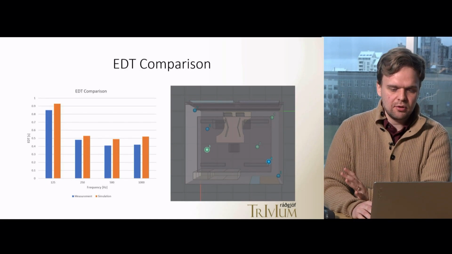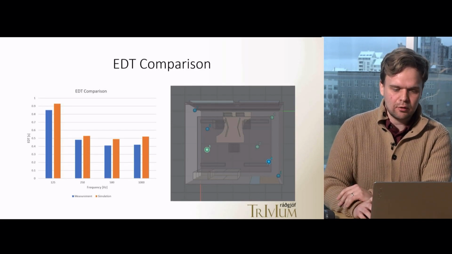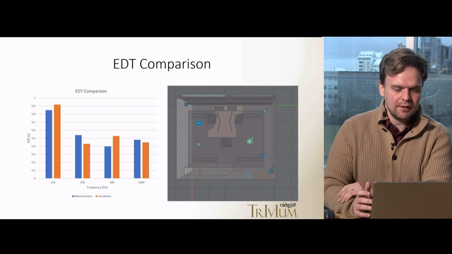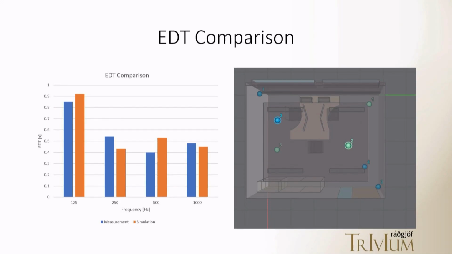Now, to highlight how spatially dependent this is and how tricky this comparison is, and this is basically just a rough guide, I have here yet another case. Here I have the source at position 2 and the receiver at position 3. And you can see that at, for example, 500 Hz, the difference is around 20%.